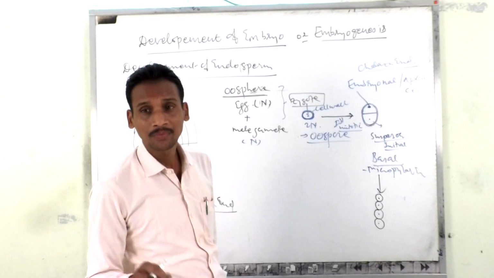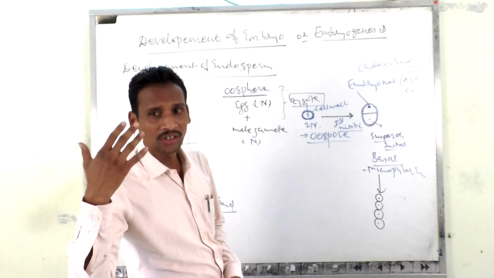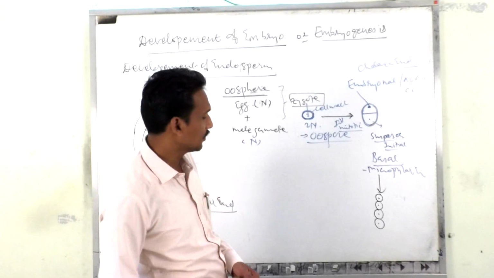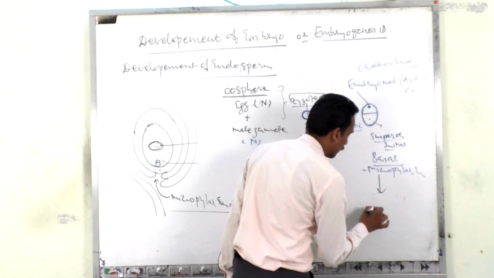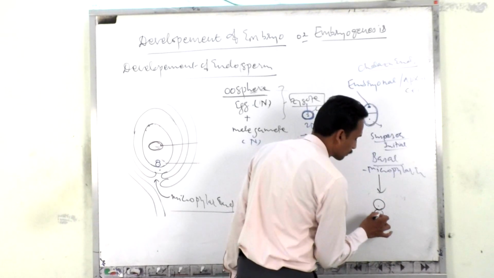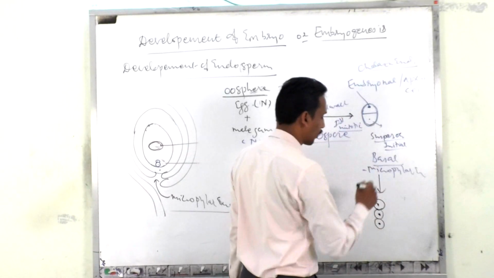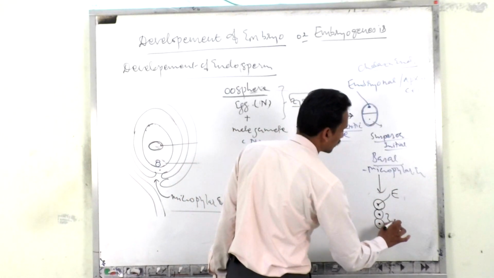So what has happened here? The suspensor cell carries out the second division, and here there should be a formation of a three celled structure, not four. So these are the two suspensor cells, and this is the embryonal cell.